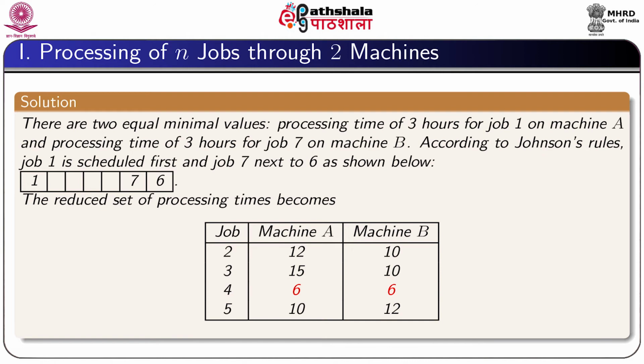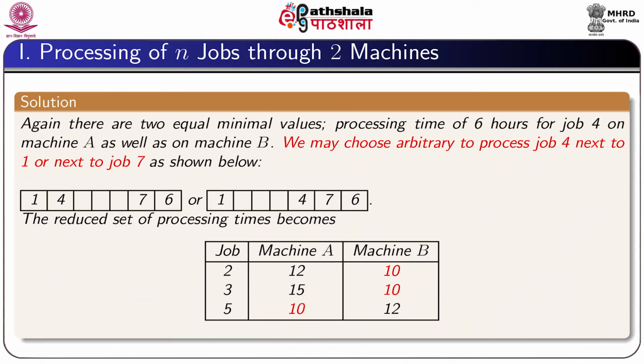Now, we consider the next reduced set of processing times, which are shown in the following table, and again we look for the minimum processing time, which is 6, and it corresponds to job 4 on machine A as well as job 4 on machine B. Therefore, we may choose arbitrarily to process job 4 next to 1 or next to job 7.